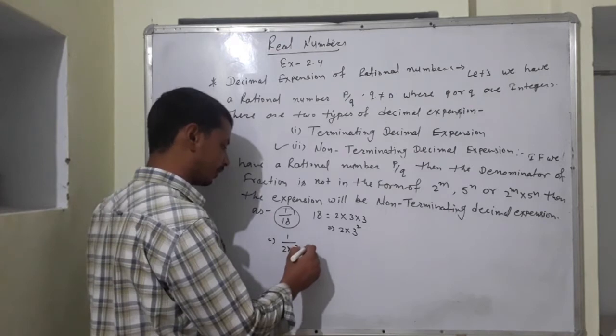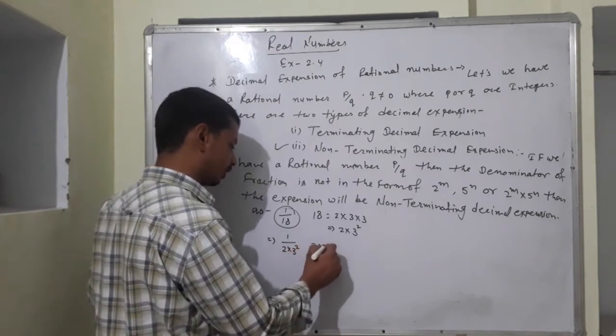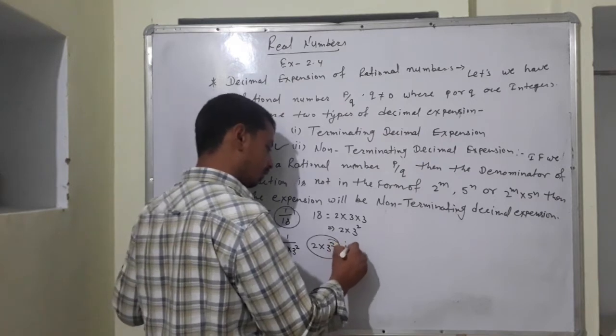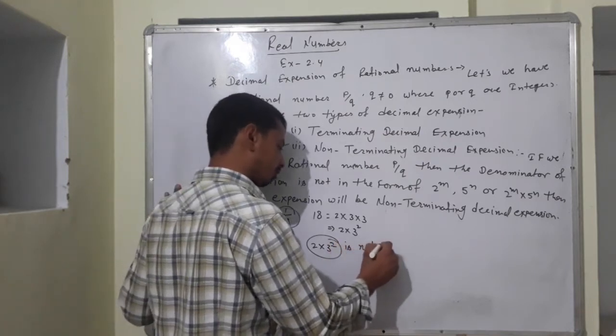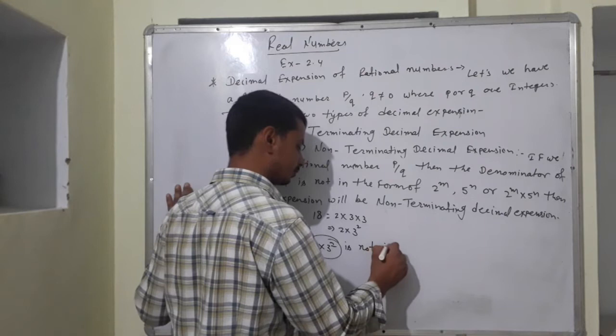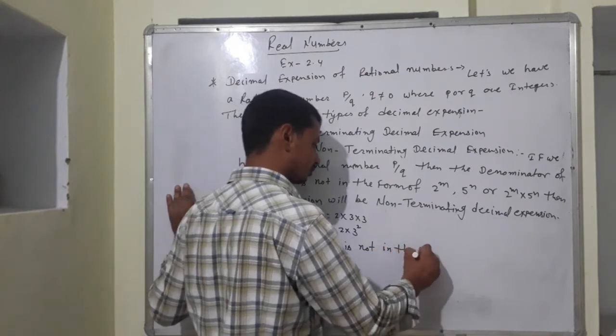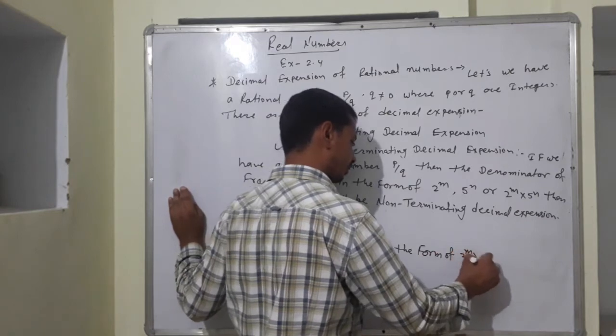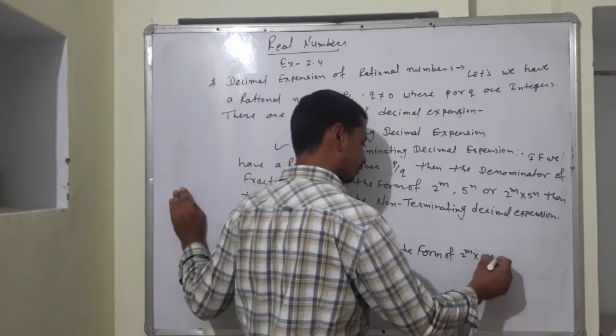So 2 multiply 3 power 2 is not in the form of 2 power m multiply 5 power n.